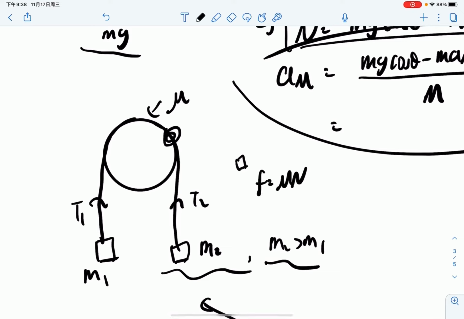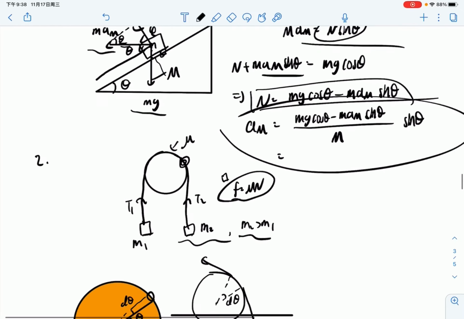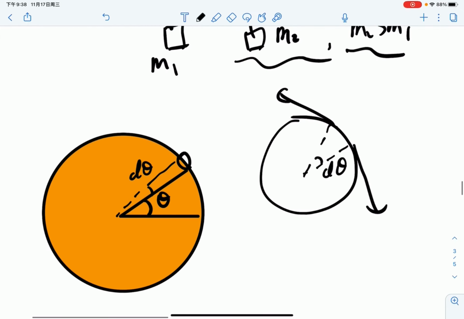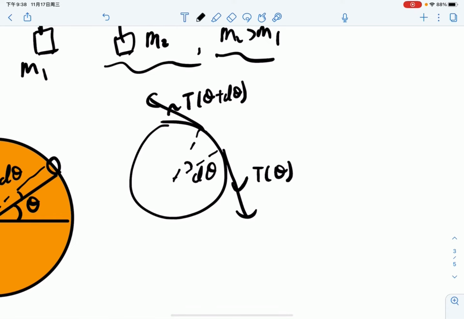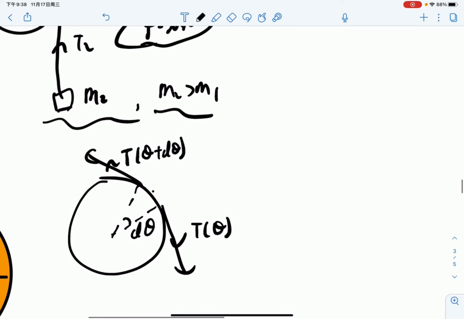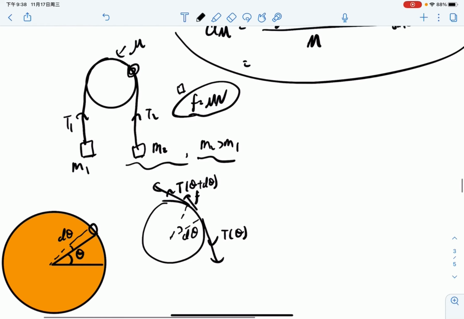We assume that. And so now, this is T theta plus d theta, and this is T theta. And here is the direction of the friction, because this is just going to slide that way.